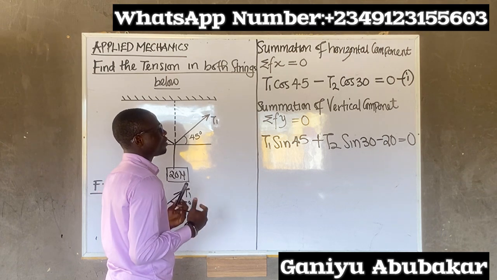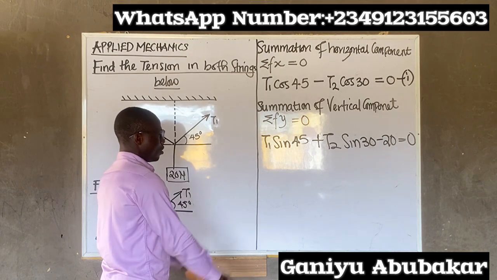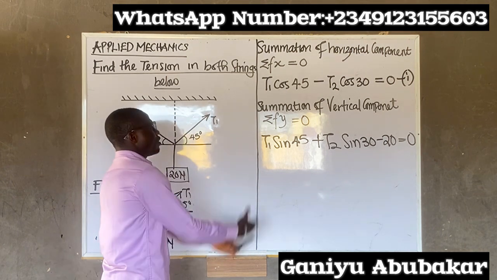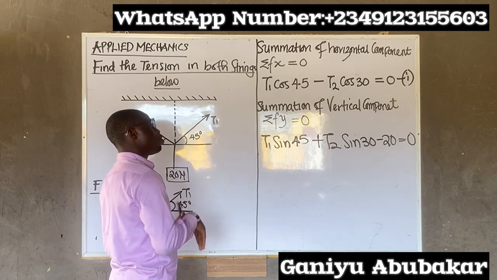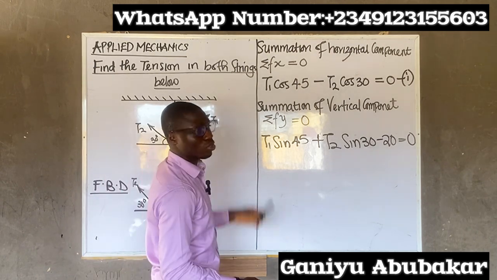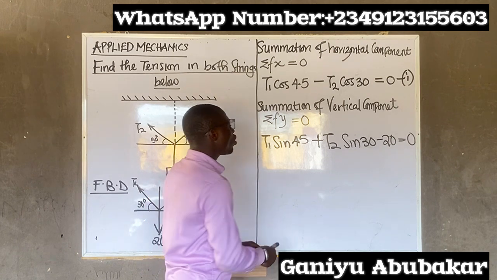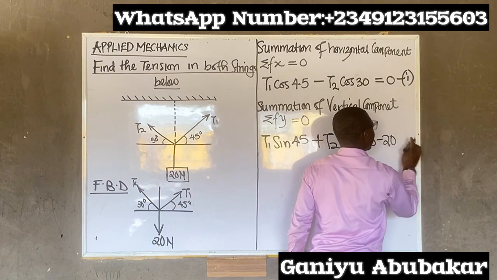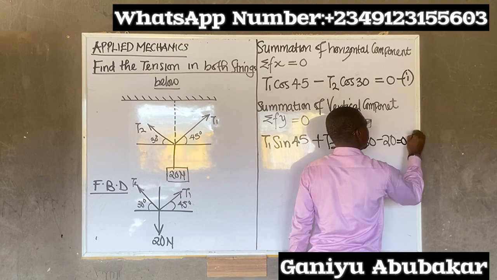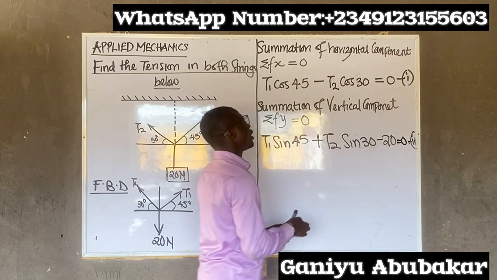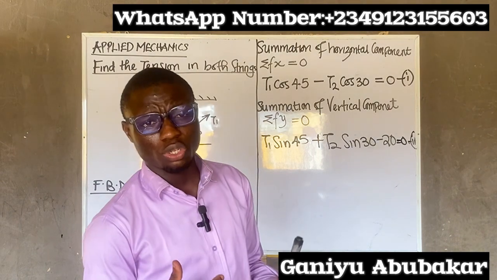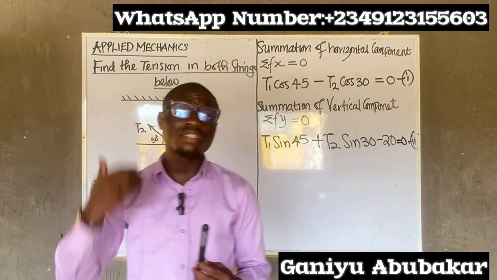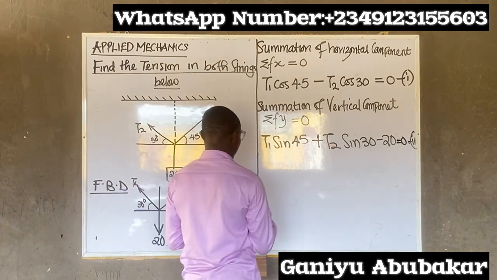If you observe, I have T1 and T2 unknown in my first condition, and I still have T1 and T2 unknown in my second condition. So I'll call this equation 2. Now I will solve equations 1 and 2 using simultaneous equations to get the values of T1 and T2. All right.